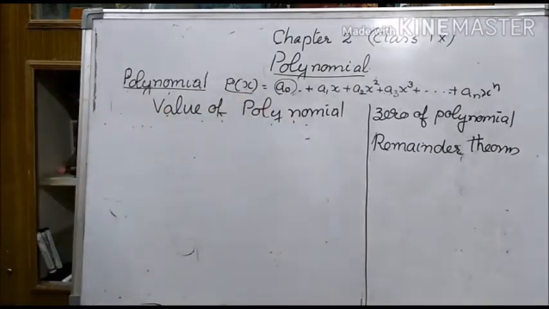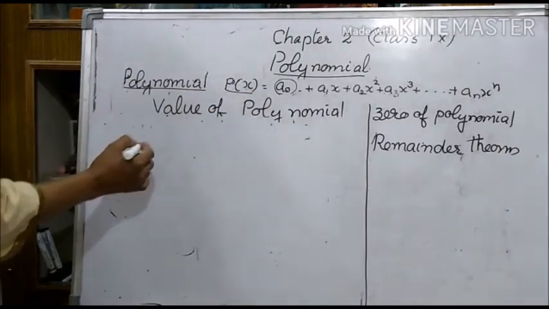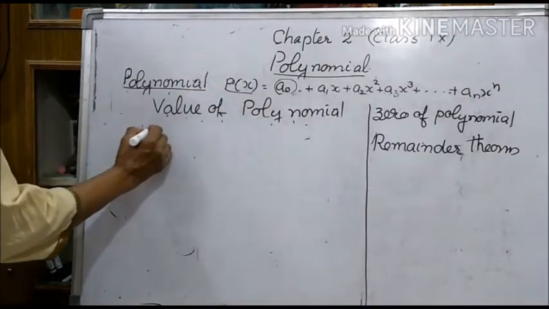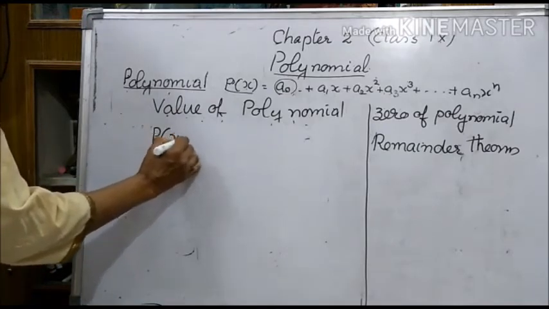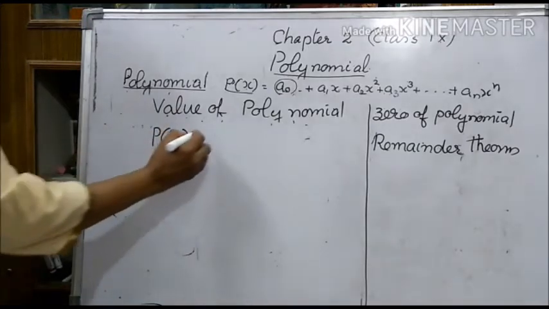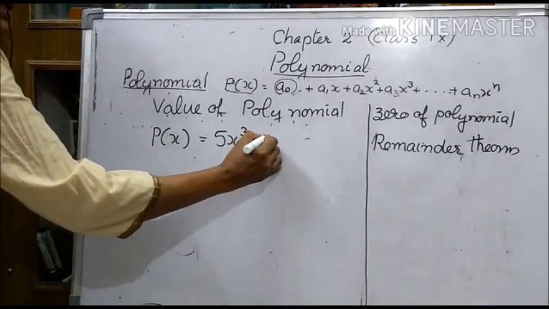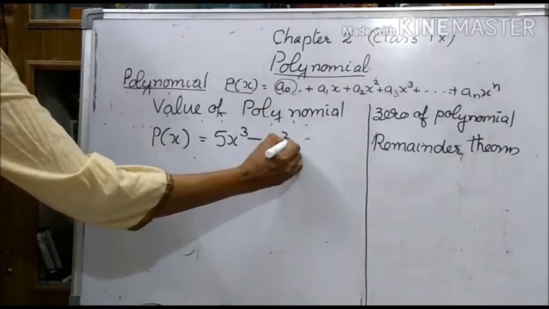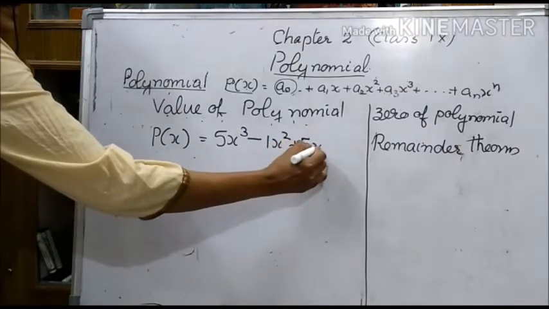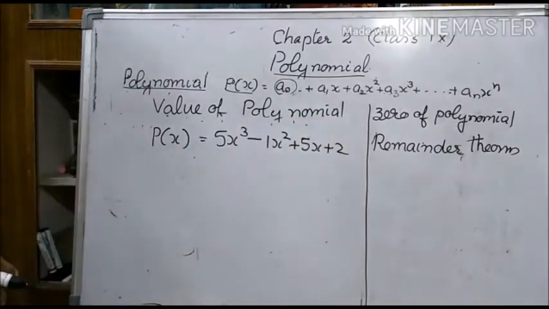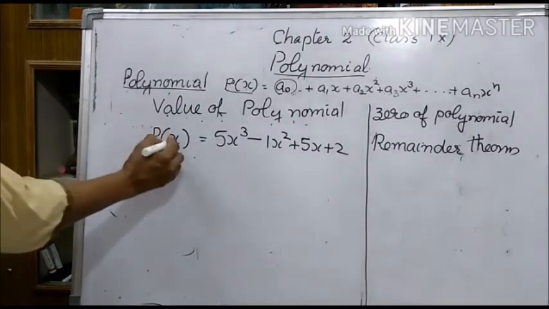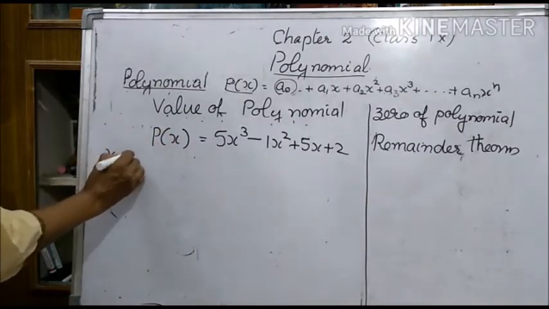Values of the polynomial now. What is meant by value of a polynomial? Let us take a polynomial p of x equal to 5x cube minus 1x square plus 5x plus 2. What we want to find out is the value of this polynomial when x equal to 1.